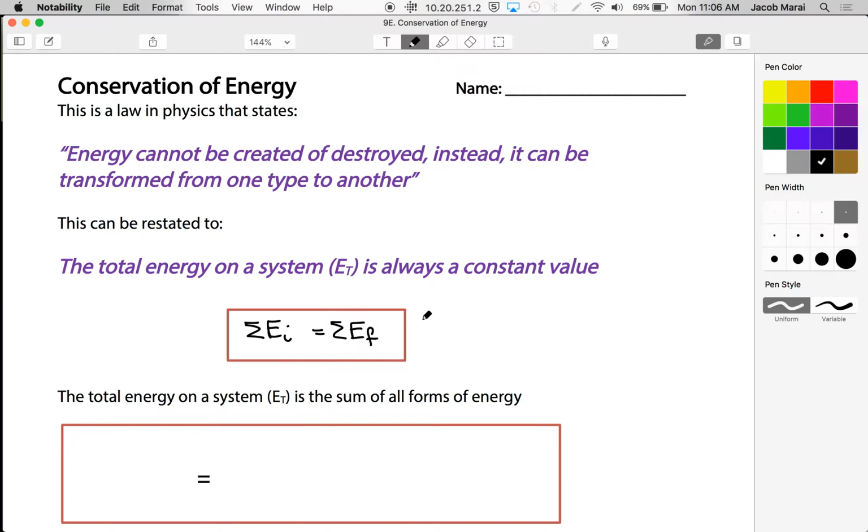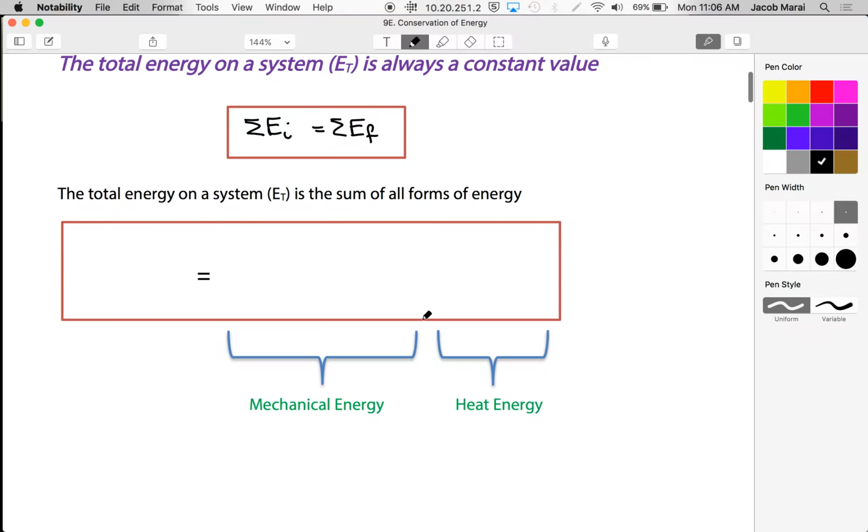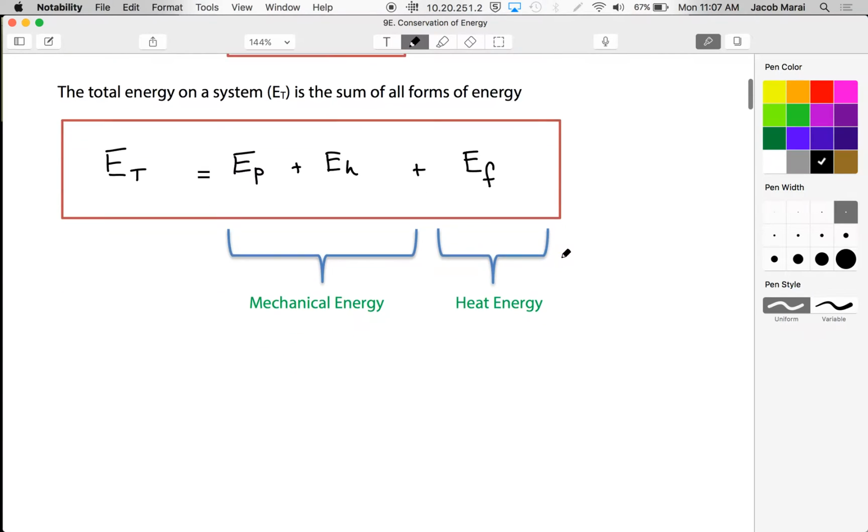And we're going to look at a couple of different models where energy is in different forms and we're converting between the two. In this next box, gentlemen, we are going to say that our total energy is the sum of all forms. That is EP plus EK plus, we're going to use E lowercase f for friction to represent heat. Okay?